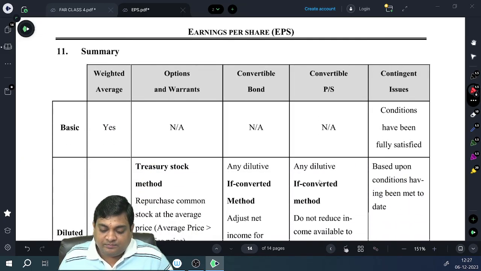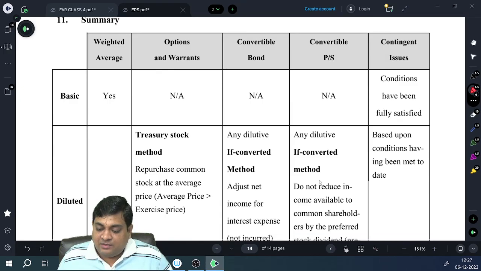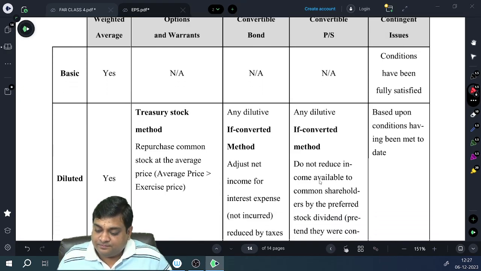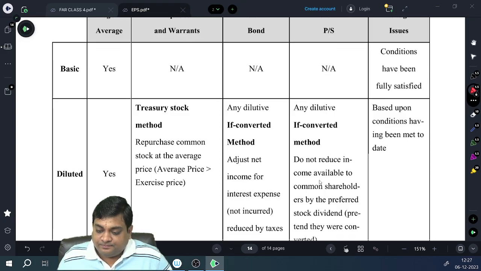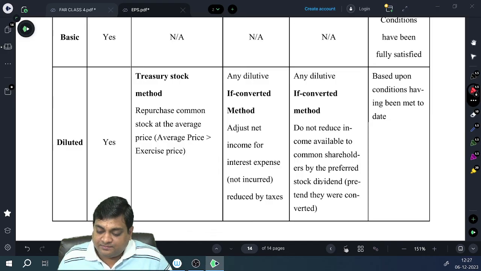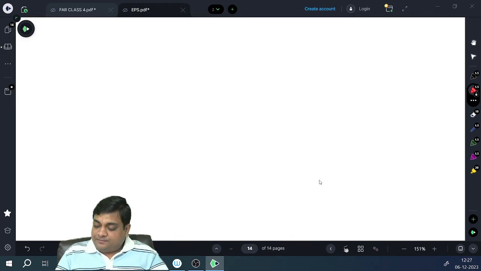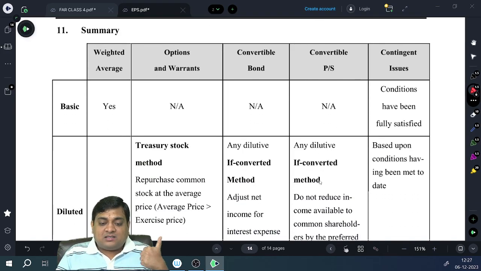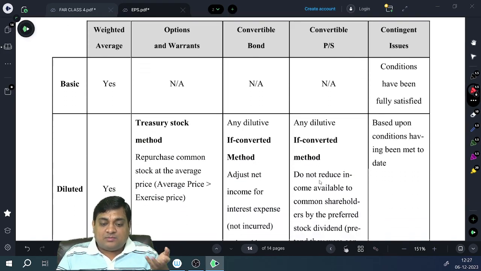Right, this is a summary of how diluted and basic earning per share is calculated. Right, that's it. So you practice MCQs and sims based on this particular topic.